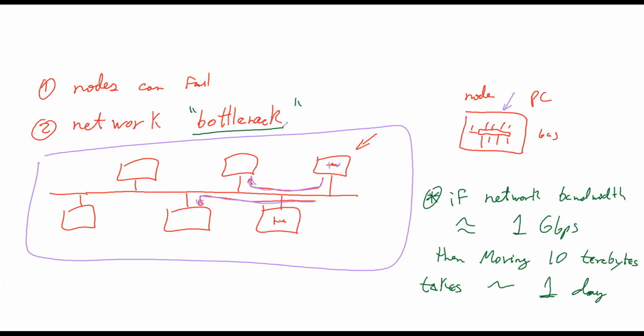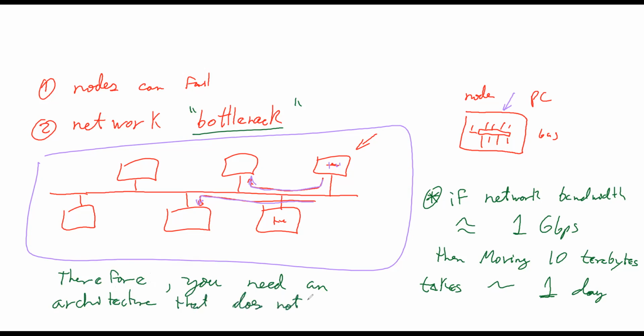So you need an architecture that does not move data too much. And that's really the idea. So for the network bottleneck, therefore, you need an architecture that does not move the data too much.